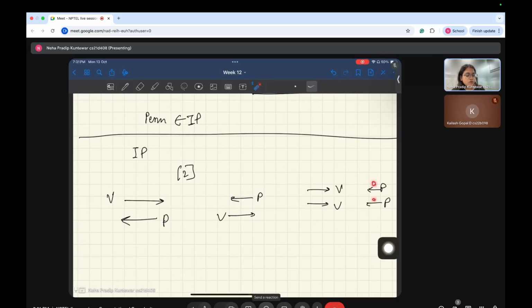And similarly, we can concatenate the 2 queries of the prover and consider it as a single query. So we'll not really count this as 2 rounds of communication. So we'll just stick to these two.